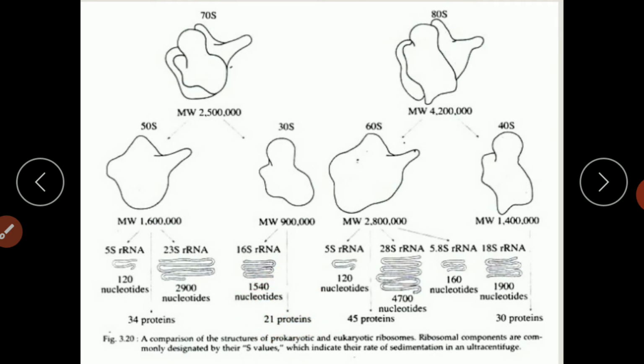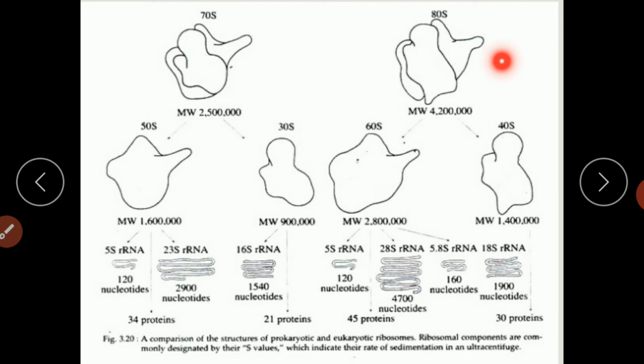Again, another point: this 16S rRNA is restricted to the prokaryotic cell, or the bacterial cell. The 16S ribosomal RNA is only found in bacterial cells. This is the point you must remember.